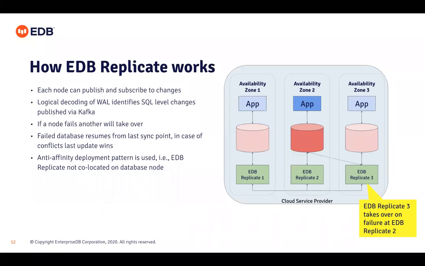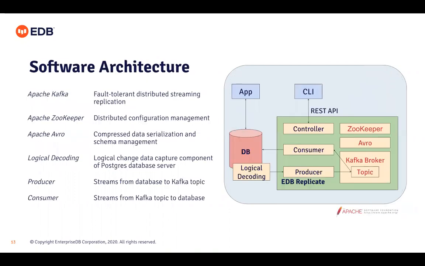Now, let's take a moment and look inside those green boxes that are EDB Replicate, just to see how that software architecture is put together. For folks who are familiar with Kafka, you're using the Kafka broker to talk to a particular topic.